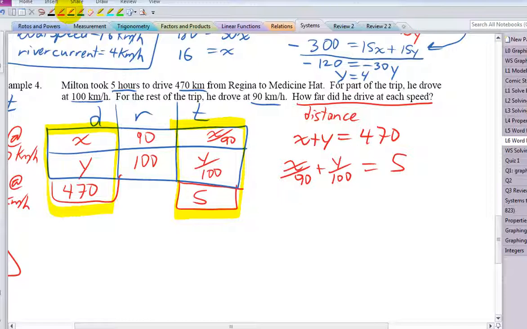What should we multiply by to get rid of those two fractions now? 9 and 100 would be 900. That's the LCM.